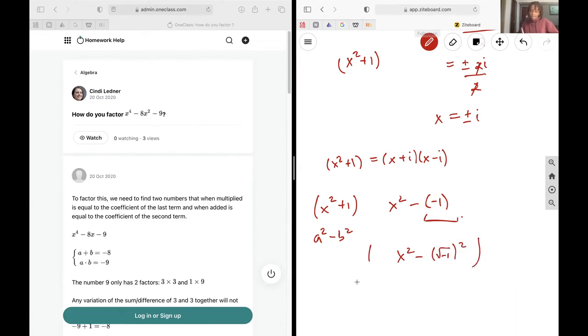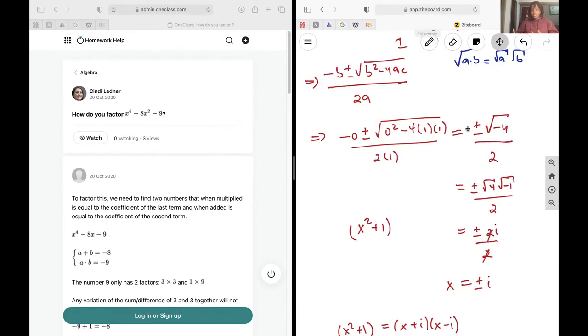So in that case, what I have is x squared minus i squared. And as I said, it will just become x plus i, x minus i, and that's purely according to the difference of squares rules and just recognizing that this plus 1, I can rewrite it in the form of minus negative 1, figure out what squared is negative 1, and so it's the square root of negative 1 squared. And so that leaves me with x squared minus i squared, so x plus i and x minus i.